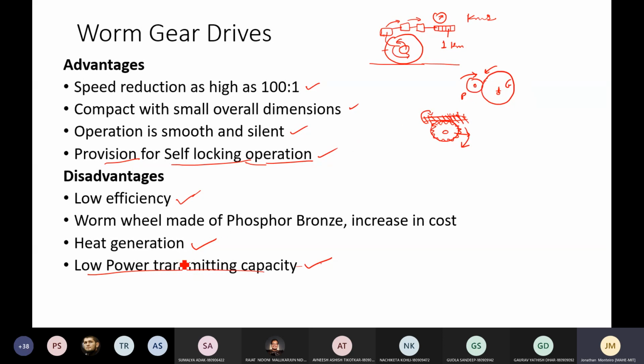Because most of the power is getting lost due to heat generation, because it is continuously sliding one over the other. That is why, when you compare the input and output, the power transmitting capacity is lesser. This is not to be confused with low torque. Torque is still high.